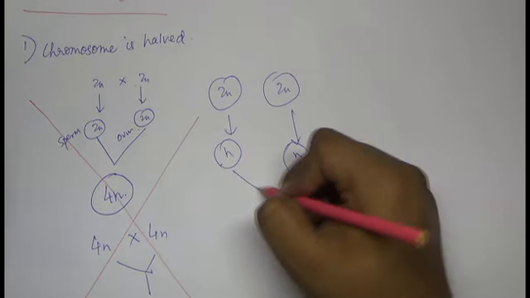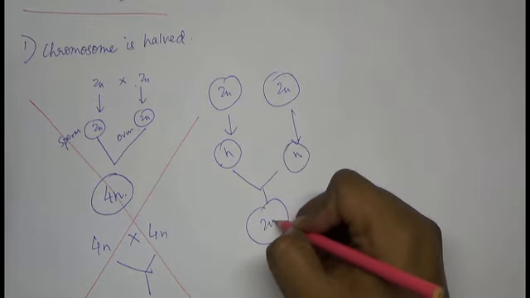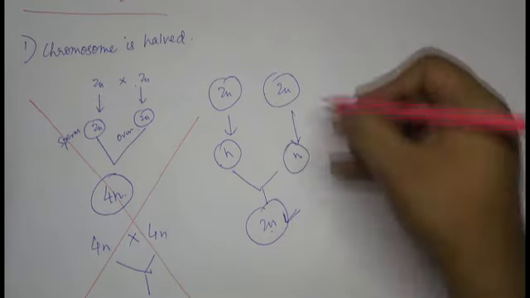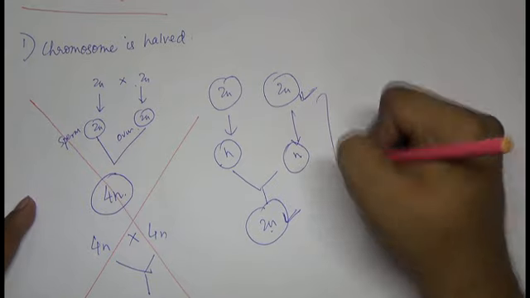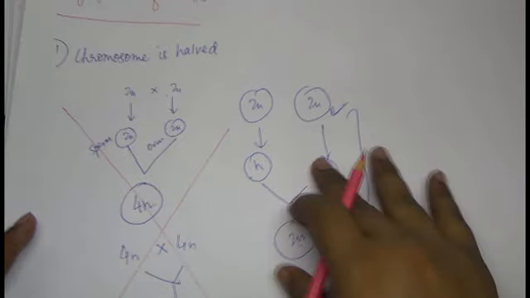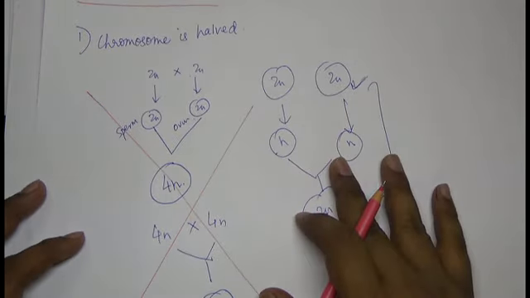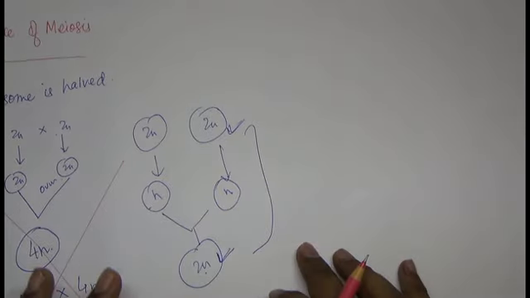This is the sperm, this is the ovum, and they combine to give you again a 2n baby, which is just like the parent. Therefore the chromosome number is maintained, right? This is one very important point of meiosis.